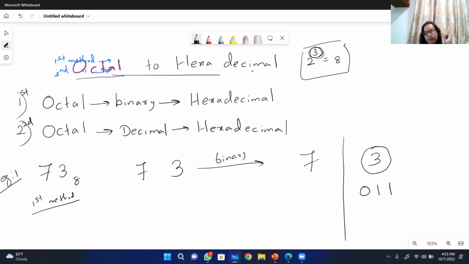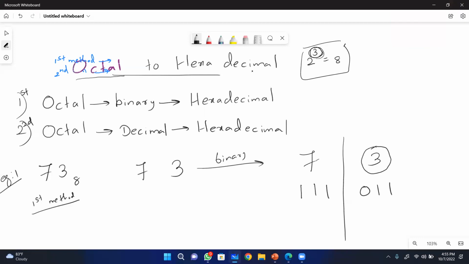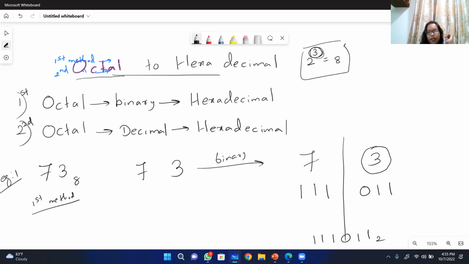Then 7. 111, teacher. 111. Right, now if I write down the whole answer, 111011. This is the binary value of this octal number. Right? The first step over. Octal to binary conversion we did.